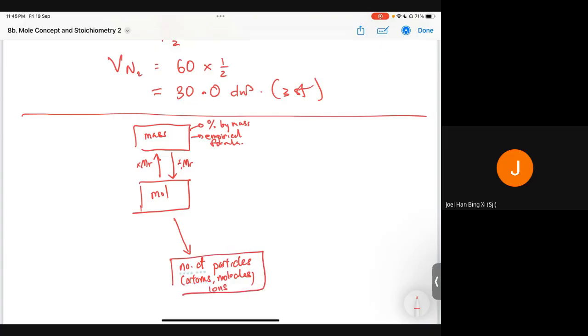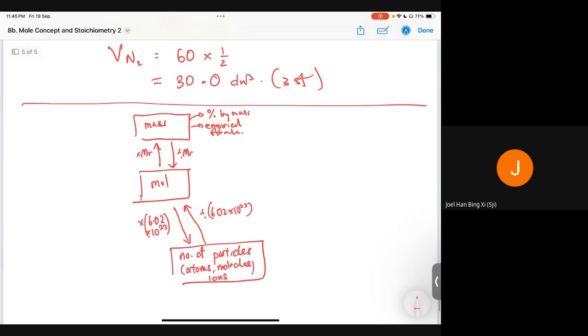Now, to find number of particles is actually to take mole multiply by 6.02 times 10 to the power of 23. And obviously to convert back is to divide by 6.02 times 10 to the power of 23.